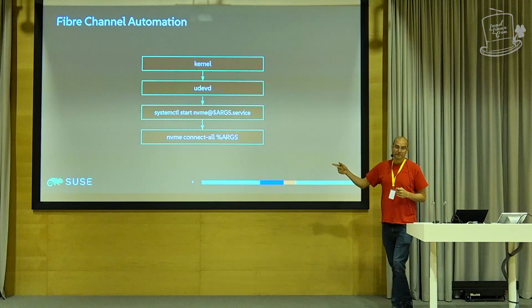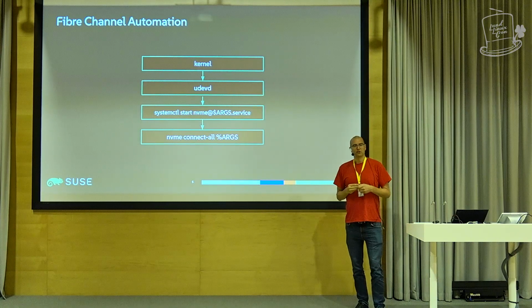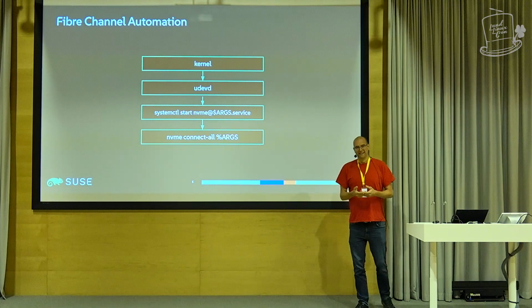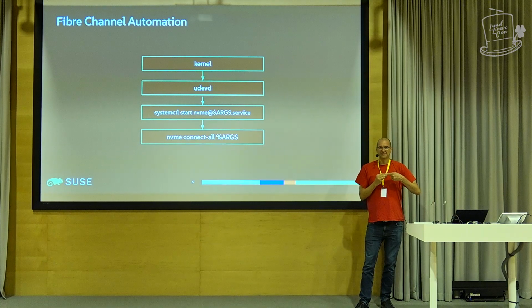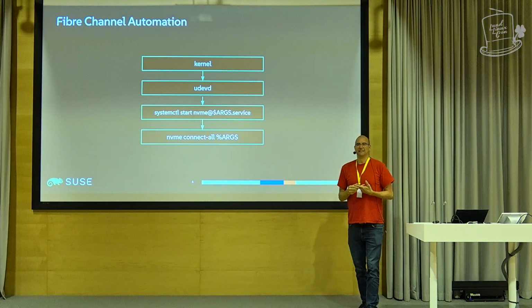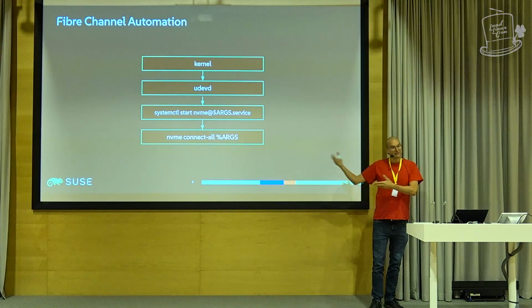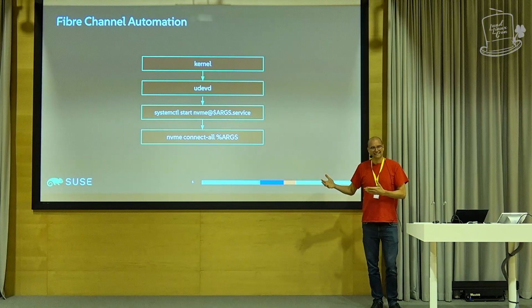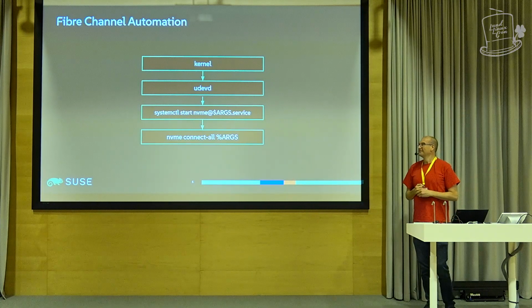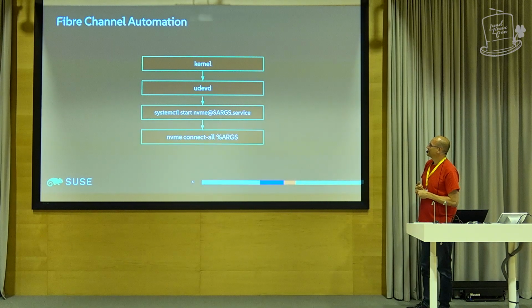But some devices on the market show you everything they have on the discovery page. So you get the TCP connections listed, you get the fiber channel connections listed. What does connect all do now? Fun. So I thought, yeah, that's not really cool.